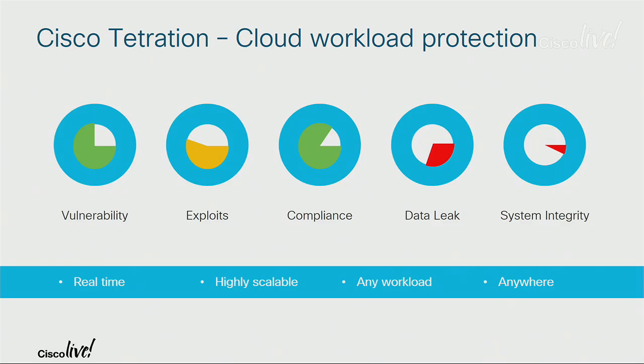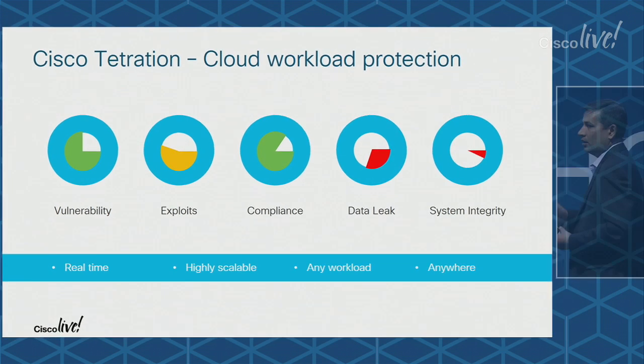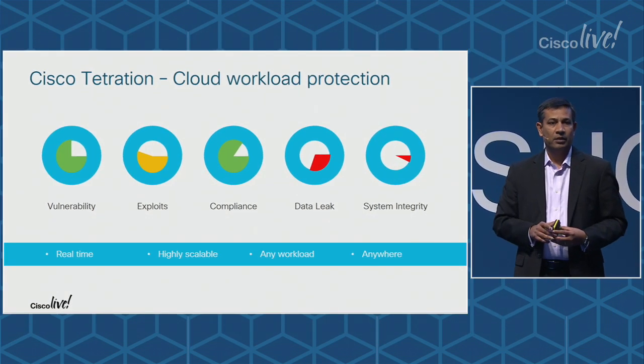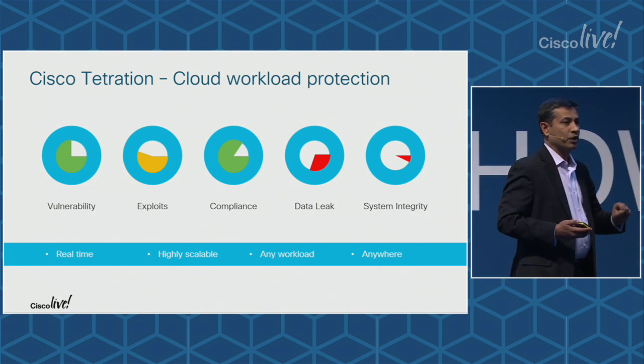Now, protecting the workload requires multiple things. You have to understand what each of these workloads is, what it does, and how it behaves. So what Tetration does is look at the security posture of your workloads, understanding things like, where are my vulnerable machines? Last year was the year of mega breaches, right? Apache Struts, Heartbleed, WannaCry. Which machines are vulnerable? Which workloads have not been patched correctly? What is happening on each of these workloads?